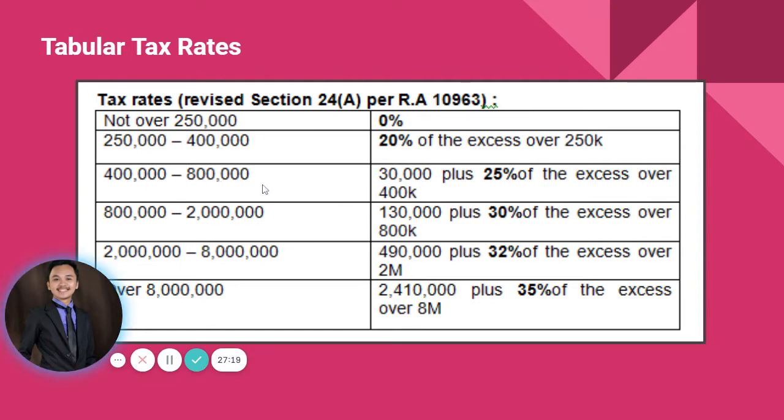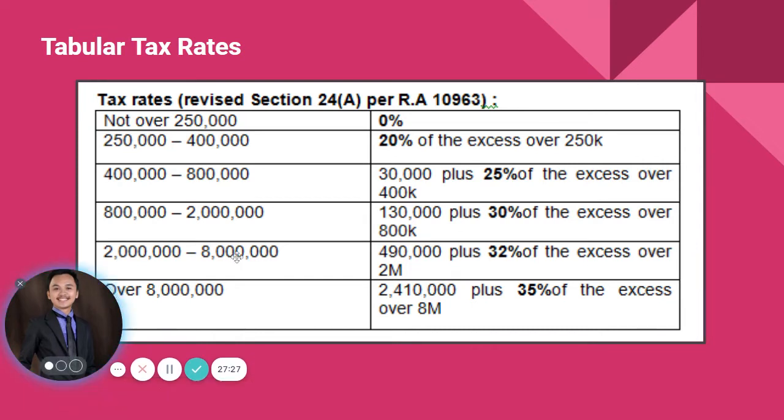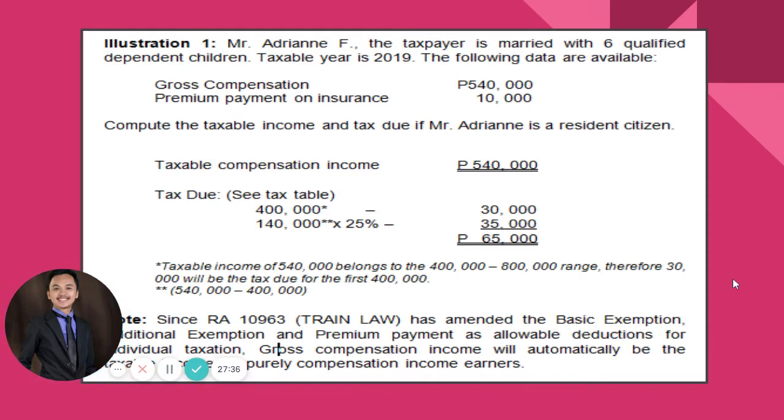And then 400 to 800, 800 to 2 million, 2 million to 8 million, and over 8 million. Okay? So you just simply base on this table the taxable income that you computed for computing your tax due. Okay? Now, let's proceed with sample computations, guys.